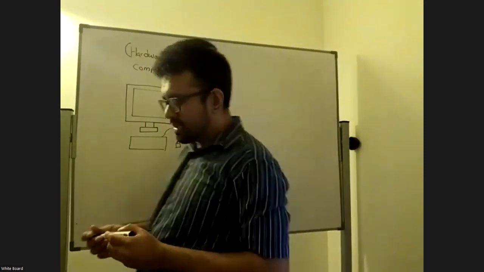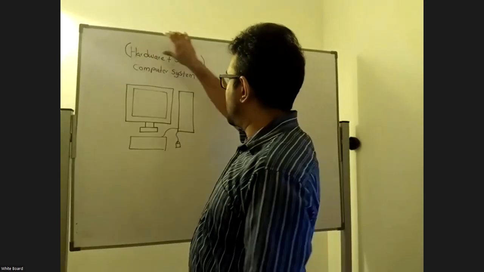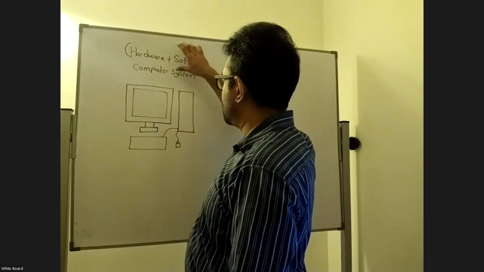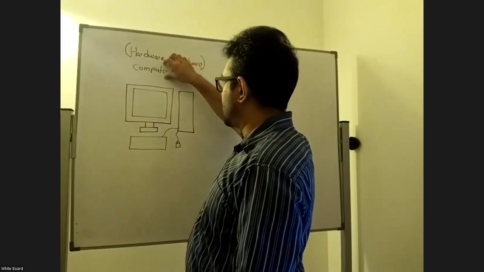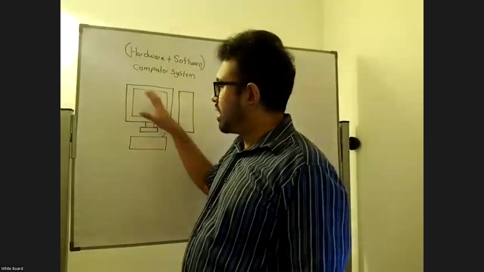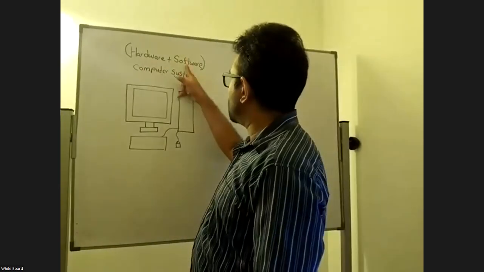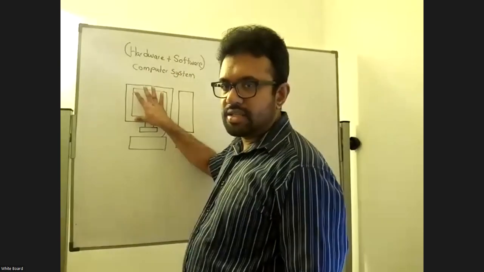So the computer system consists of computer hardware and computer software. You can see the hardware, you can touch the hardware. That is tangible. Software is not tangible.